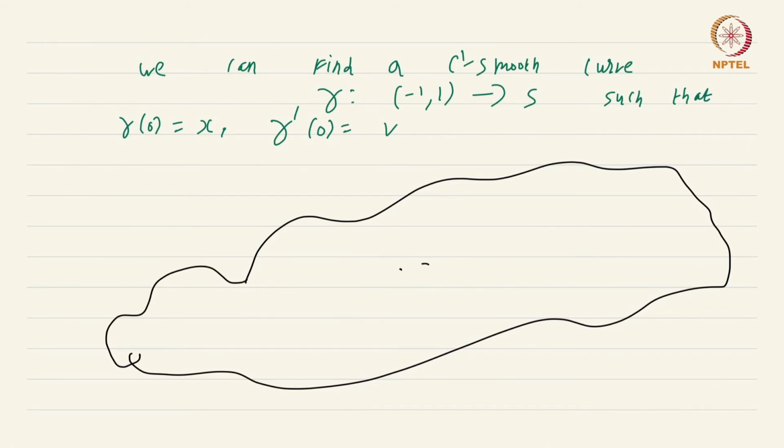We are focusing on this point X. To define the tangent plane at this point, just consider curves that pass through this point. There could be many curves, but the image of these curves should all lie within the hypersurface. They must not move outside the hypersurface. Now you look at the derivatives, that is the tangent vectors of these curves. Put them all together and call them the tangent plane.